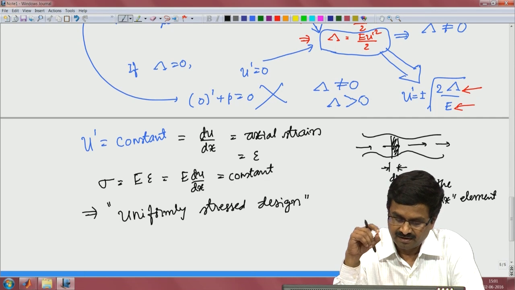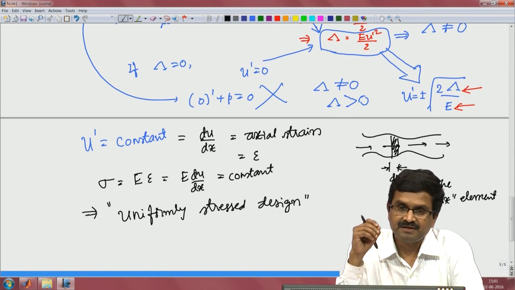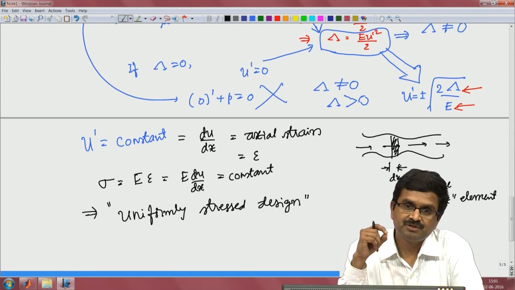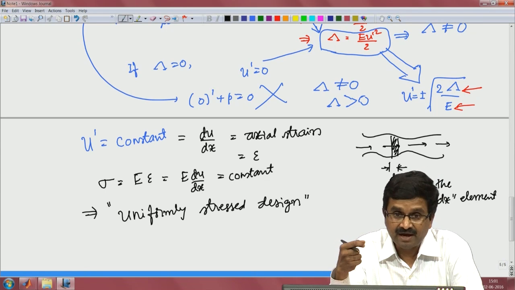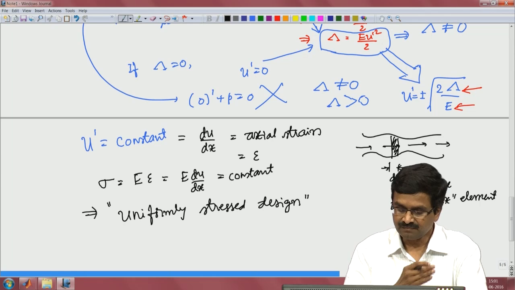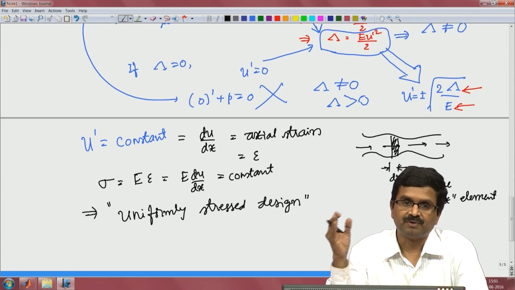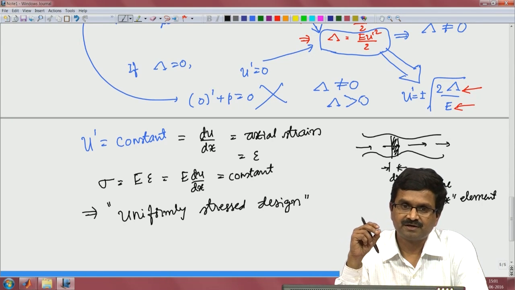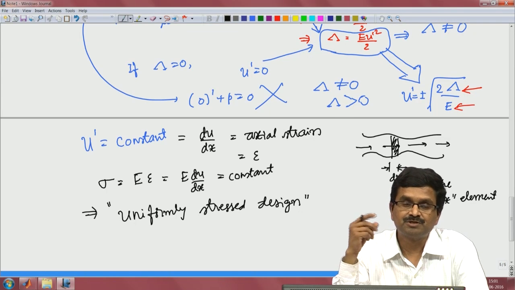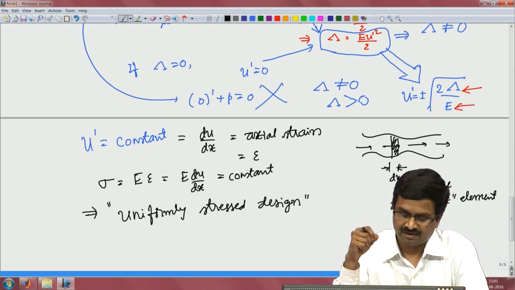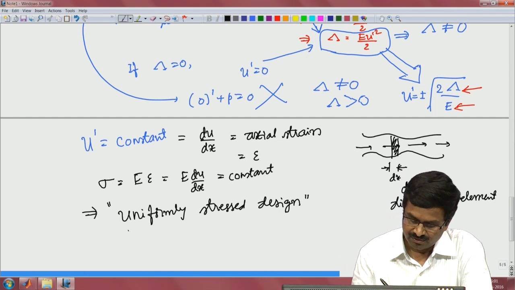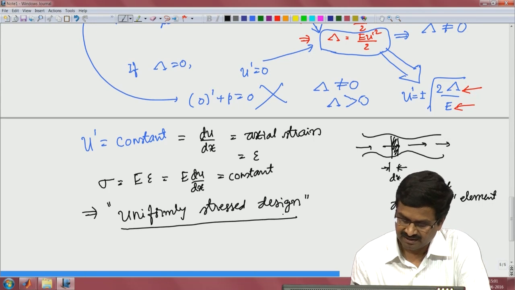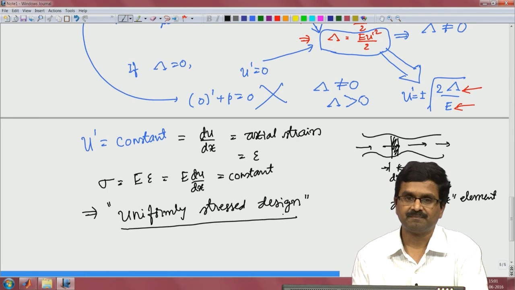Then in order to minimize strain energy, the material at every point in the domain 0 to L must contribute towards minimizing strain energy. And how can that happen? If you stress every point equally. If some part is not contributing enough towards minimizing strain energy, then that is not being fully utilized. So, a uniformly stressed design here gives you the optimal thing.